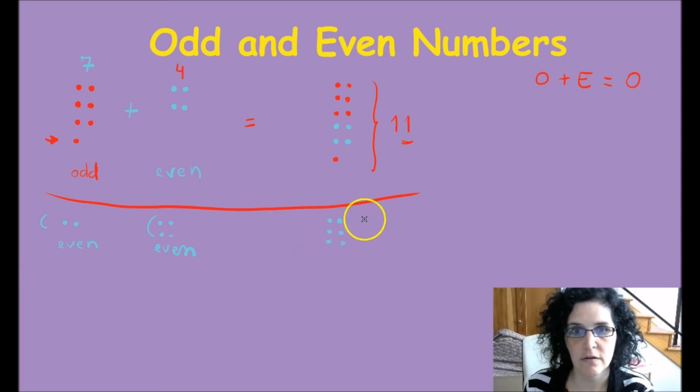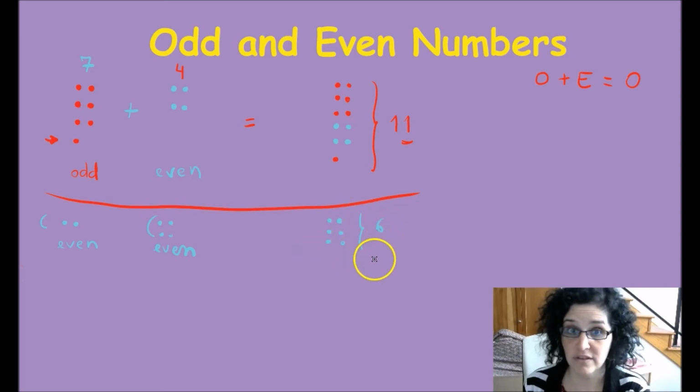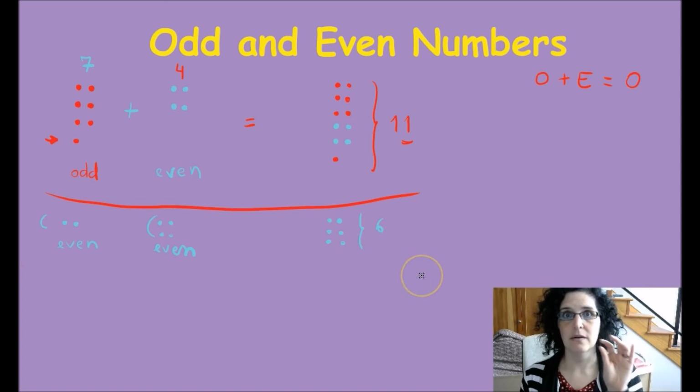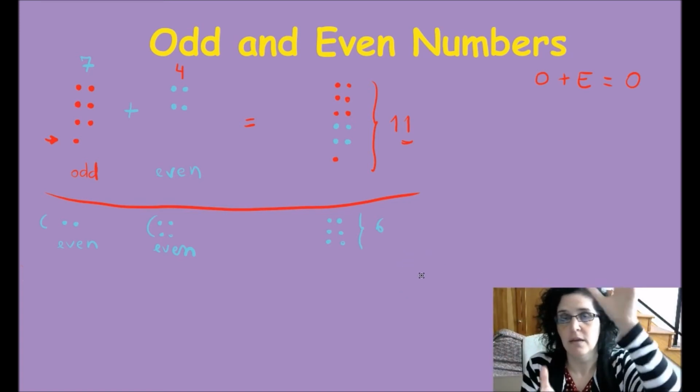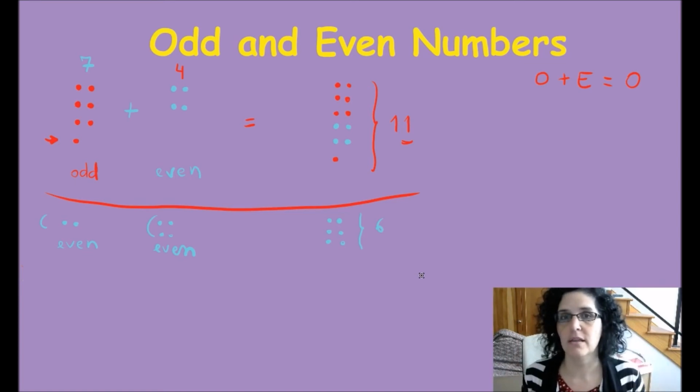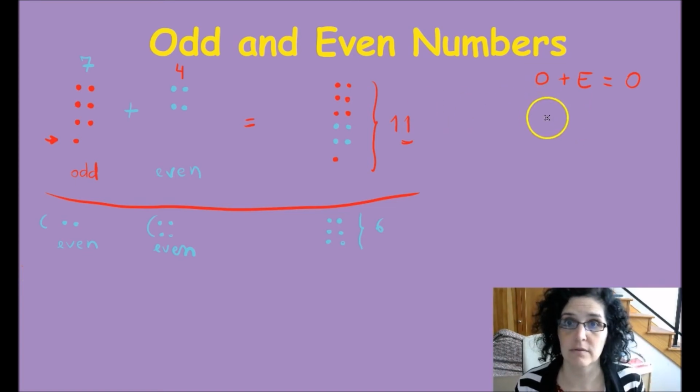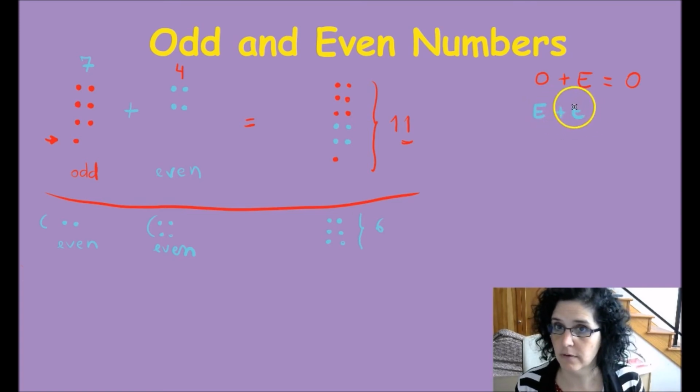We have 6, which is even. That means that the pairs that you had in one plus the pairs that you had in the other, nothing really happened. They didn't interact or anything, and they continue being even. So an even number plus an even number equals an even number.